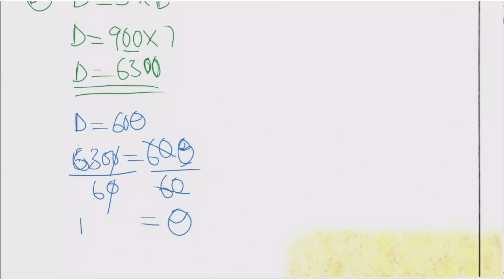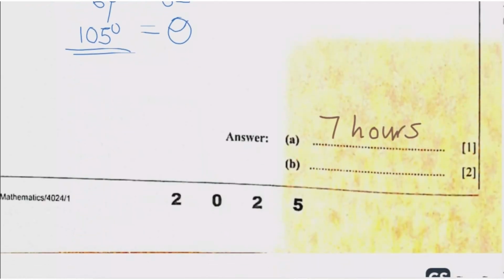So 6 into 630 goes 105 times. That is the value of theta, so the difference in latitude is 105. To record our answer, theta is equal to 105 degrees.